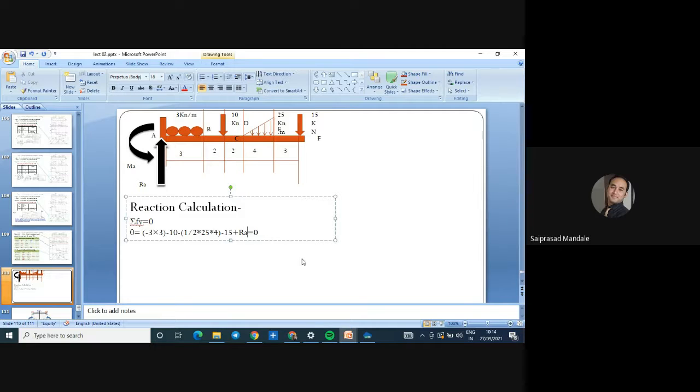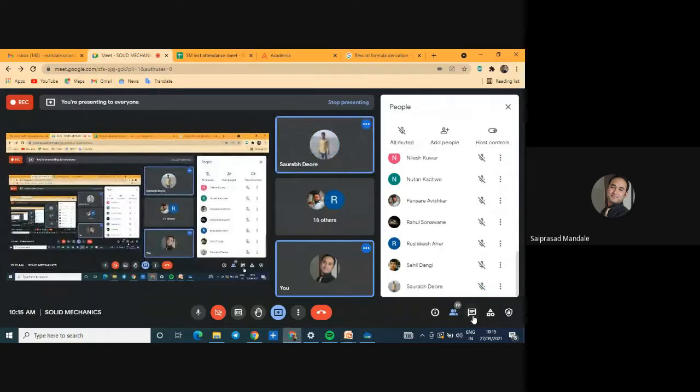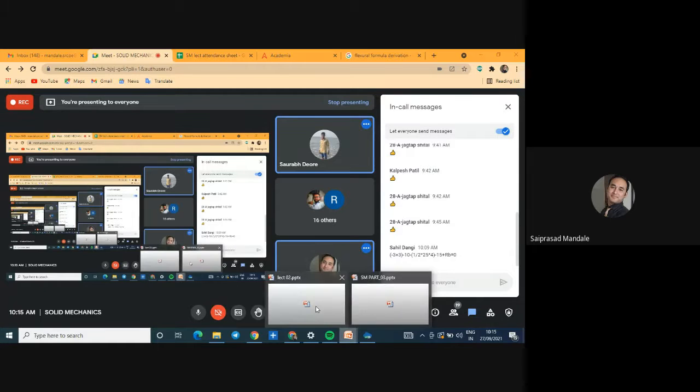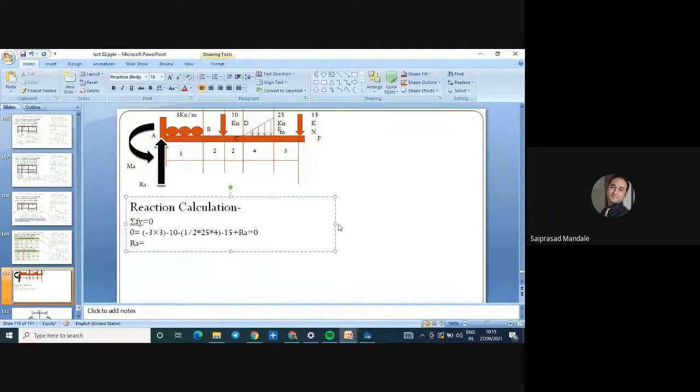Very good, Sai. If this equation is correct, can anybody tell me what is the value of RA? At least calculate those things and tell me the answer. Sahil, please tell me the answer for RA.